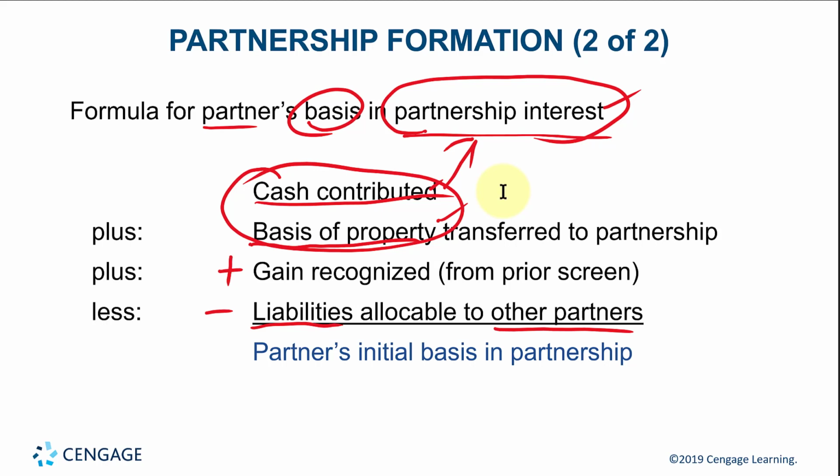So if you have the partnership take over all of your liabilities and your partnership is 50-50 with another partner, you didn't give up all your liabilities. You only gave up really half, 50% of your liabilities to the other partner. So you have to reduce your partnership interest by the benefit of being relieved of some of that liability.